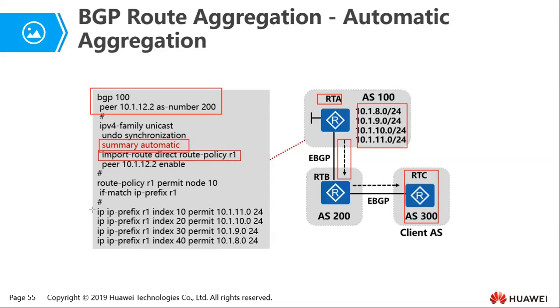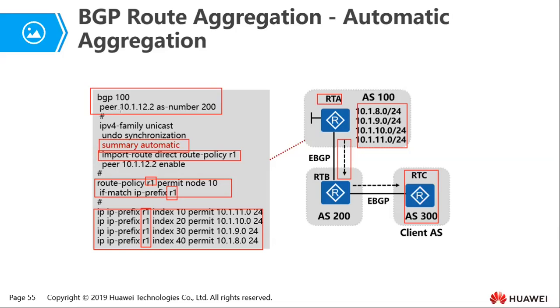We can create an IP prefix to identify the individual networks. And then after that, we create a routing policy to invoke the prefix R1. So we simply create that.